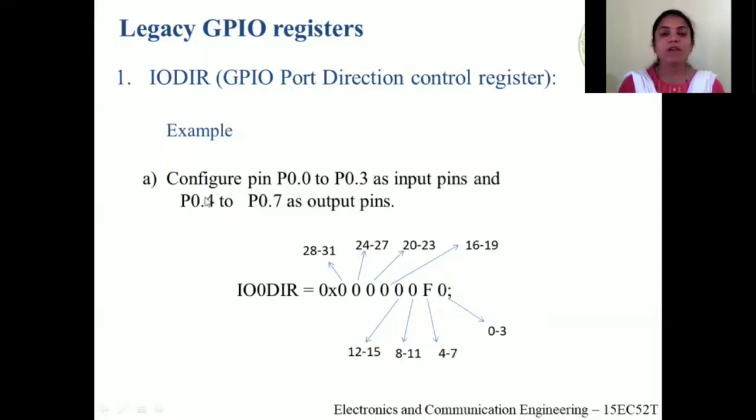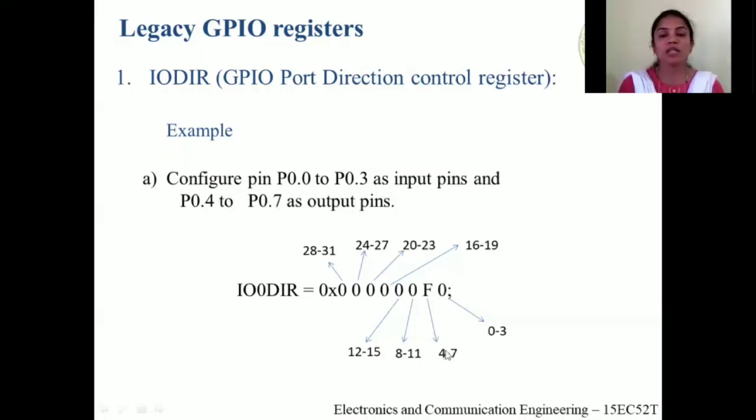In the same way, pins 4 to 7 as output. To configure pins 4 to 7, we have to set value 1 on those pins by using the IODIR register, that is the second digit. So all the pins from 4 to 7 have to be configured as output.